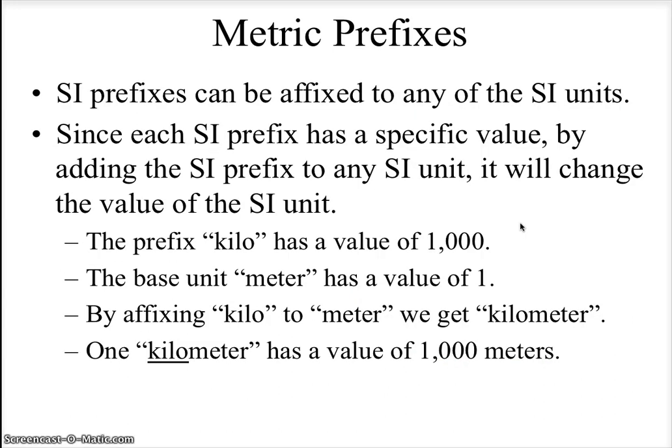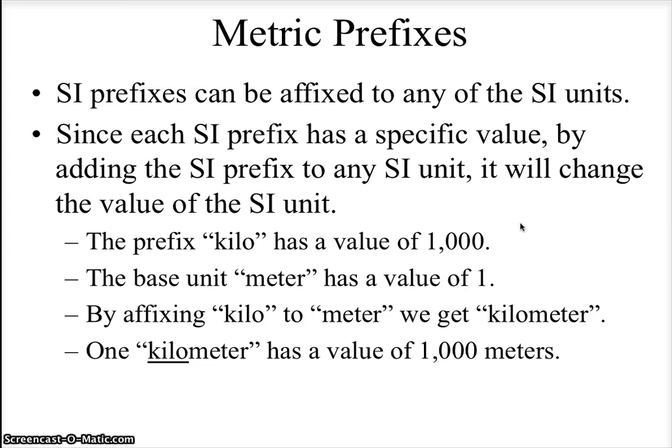Now, for every single unit, to give the unit a little more distinction or a better way to categorize it, we have metric prefixes. Just like in English, a prefix is a part of a word that goes in front of another word.